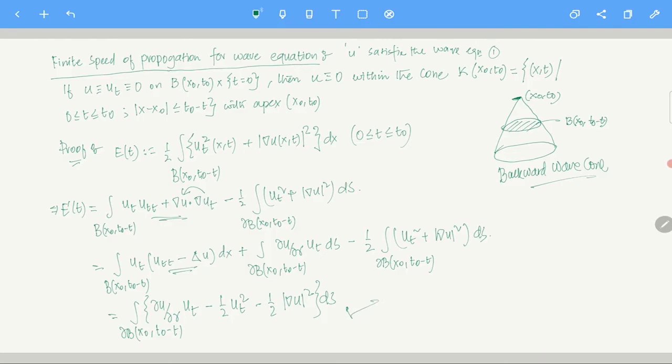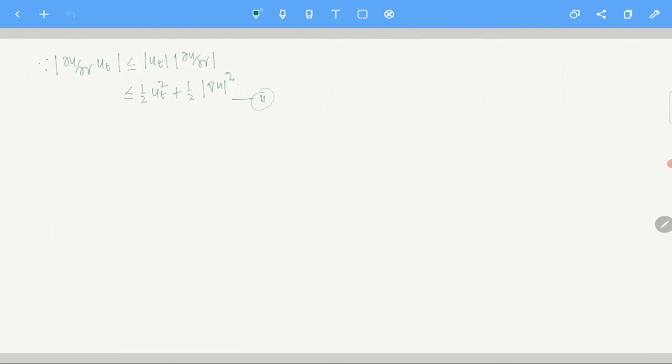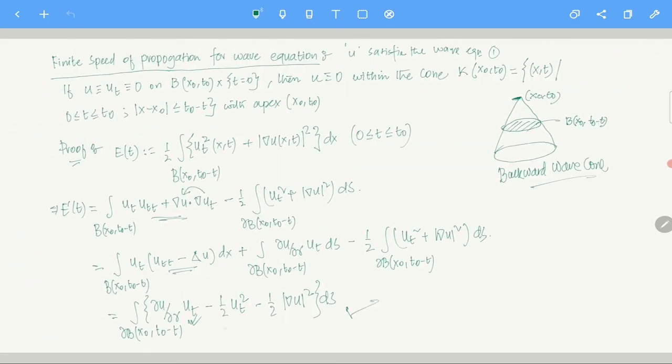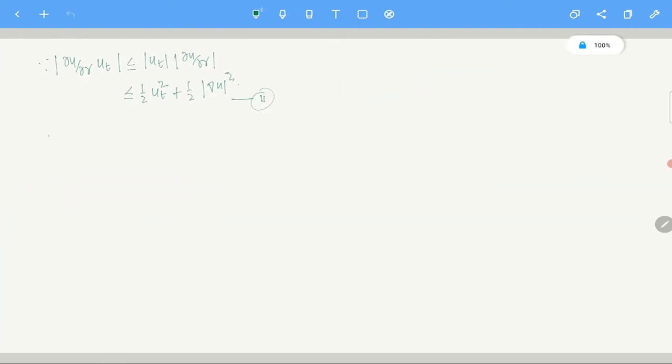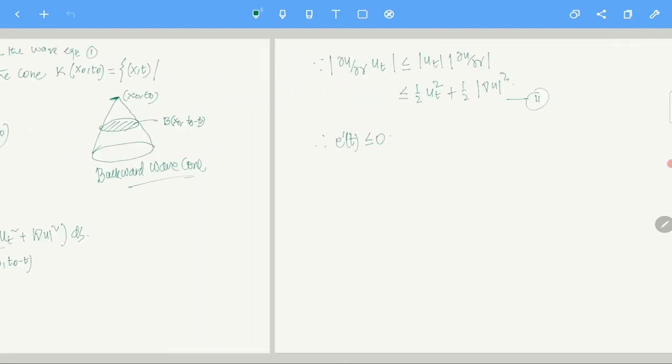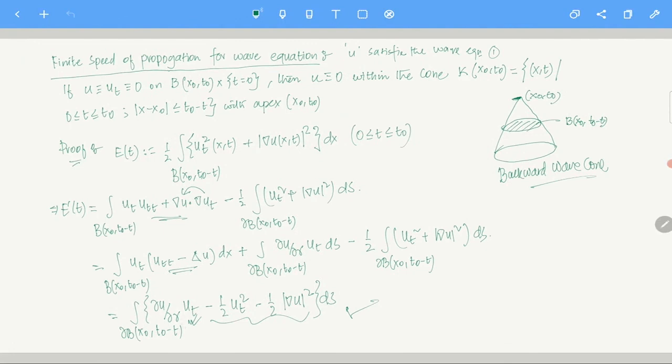The term ∂u/∂γ u_t is dominated by half of u_t squared plus half of gradient u squared, right? So that actually gives us, therefore, E prime of t is less than or equal to 0. This is always dominated by that. So basically E prime of t is always less than or equal to 0.